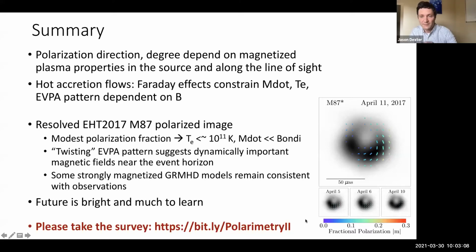I would say that's probably the most important thing. I would just advertise again that Ben Prather is leading this code comparison effort, and one of the things that we've looked at is different fitting formulae, specifically for Faraday rotation, because I think that is the most important. But the other coefficients will also be tested as part of that effort.